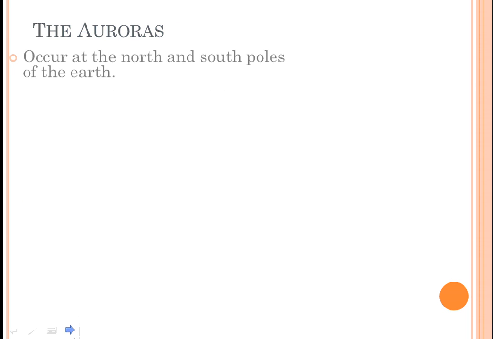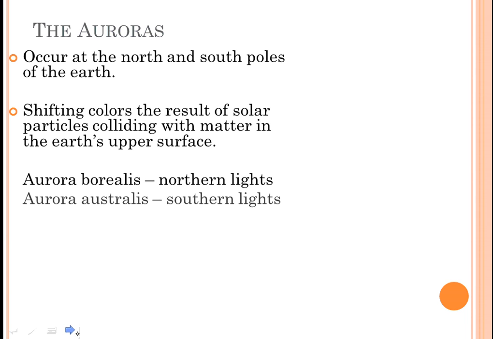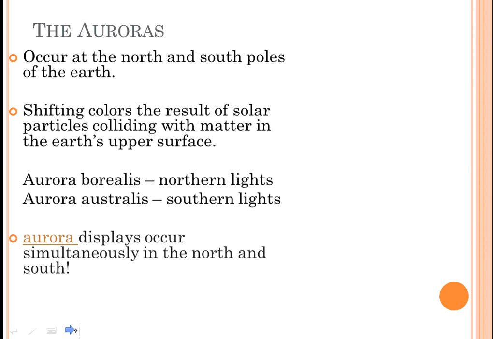Now, of course, the sun makes amazing shows for us. We have the auroras, and basically because of solar particles colliding with matter in our atmosphere, you actually get these really, really neat auroras, the northern lights and southern lights.